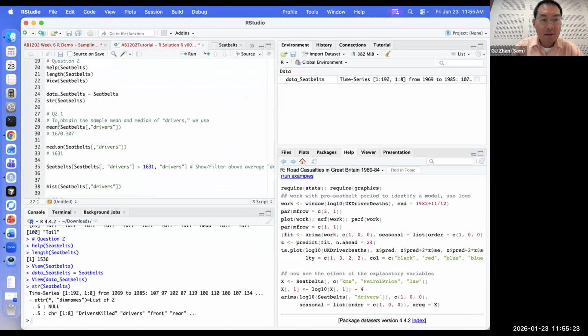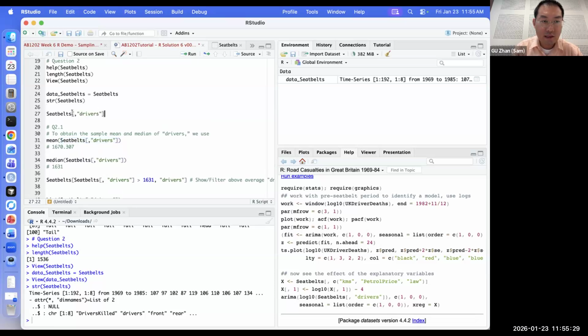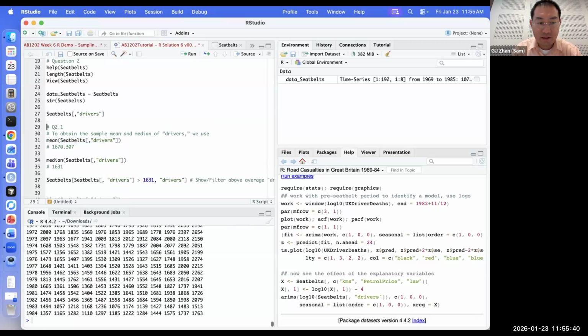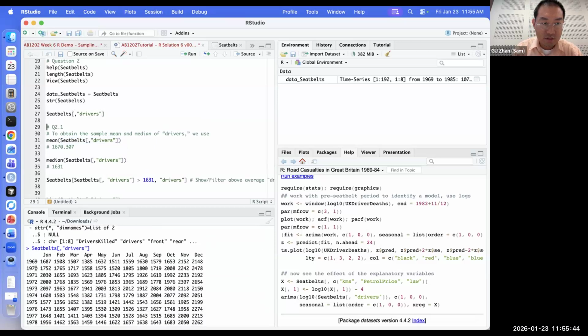Remember, we used this function in earlier weeks. To the left of this comma is a condition, and to the right of the comma is the column name that you want to include. So this is the column name, drivers.